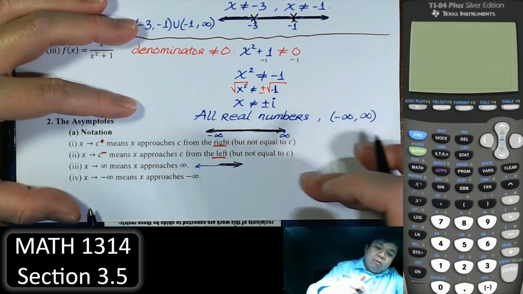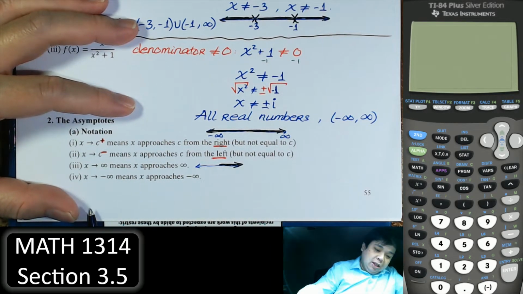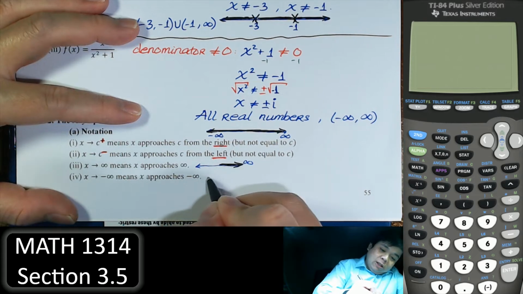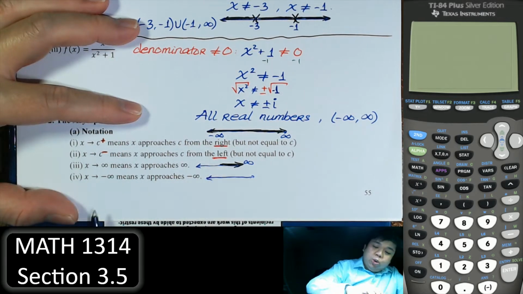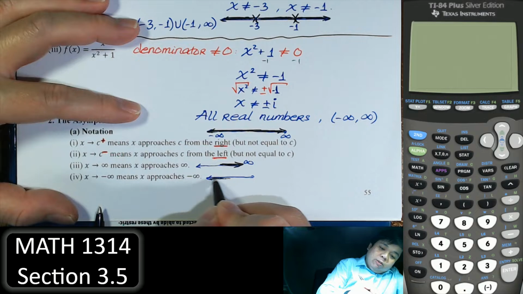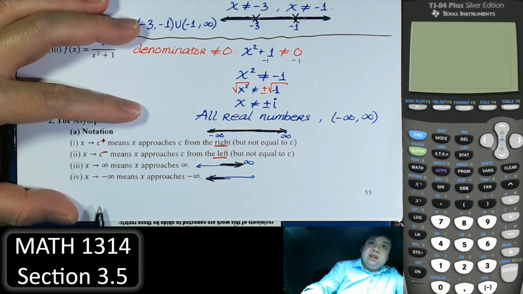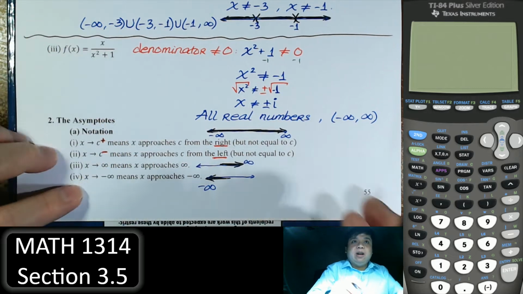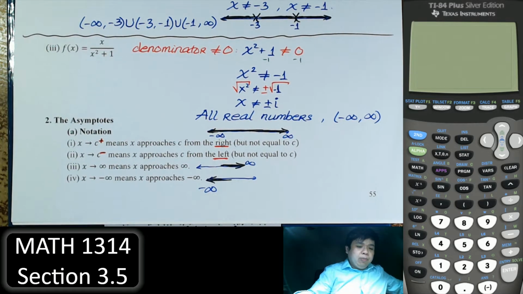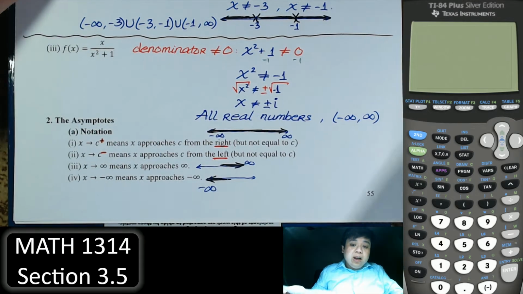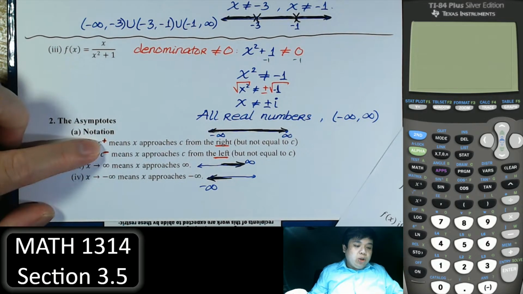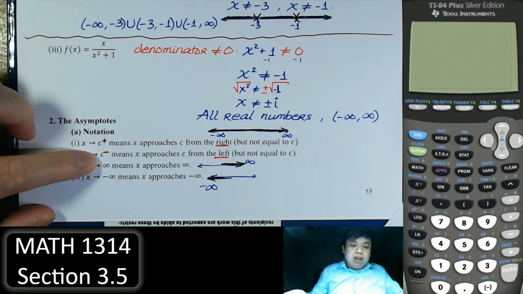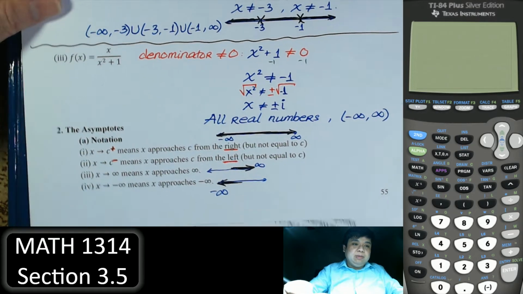We cannot go from the right side of infinity. Likewise, when we go to negative infinity, we have to go from this side. We cannot go from the left of negative infinity. And we use that notation to define the asymptote. So pretty much x goes to a number from the left or from the right, or x goes to infinity.